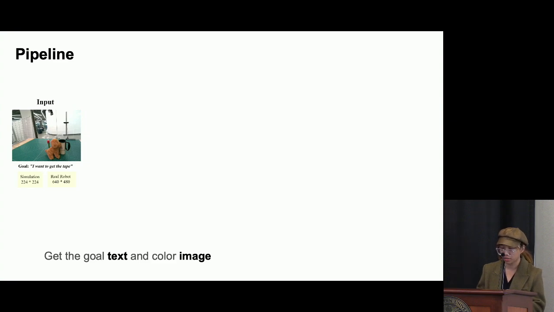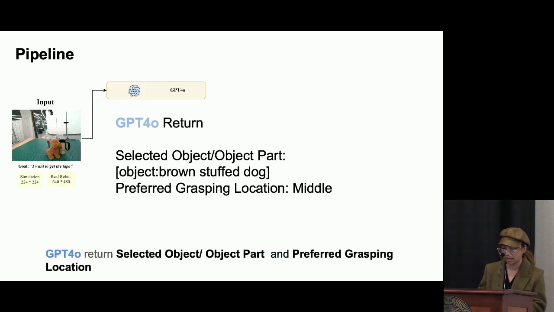Then we pass it to GPT-4o, and GPT-4o will return which object should be selected for now, and which object part is considered for selection. It will give a preferred grasping location. For this case, it tells us to grasp the brown stuffed dog.